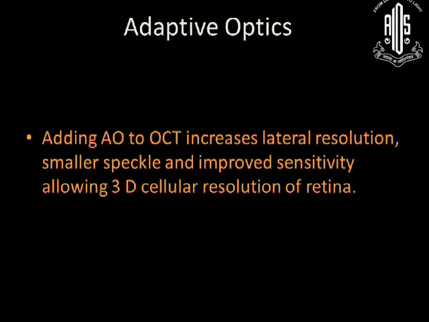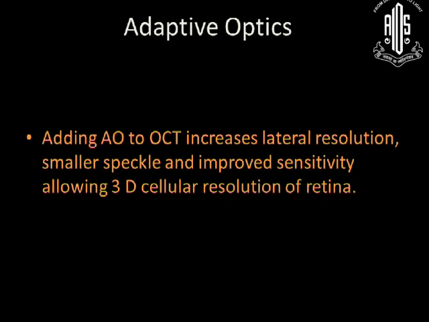Coming to the last aspect of the OCT, moving on to adaptive optics. What is adaptive optics? It's very simple. You add adaptive optics to OCT, it increases the lateral resolution, smaller speckle, improves sensitivity, so you can have 3D cellular resolution of the retina.